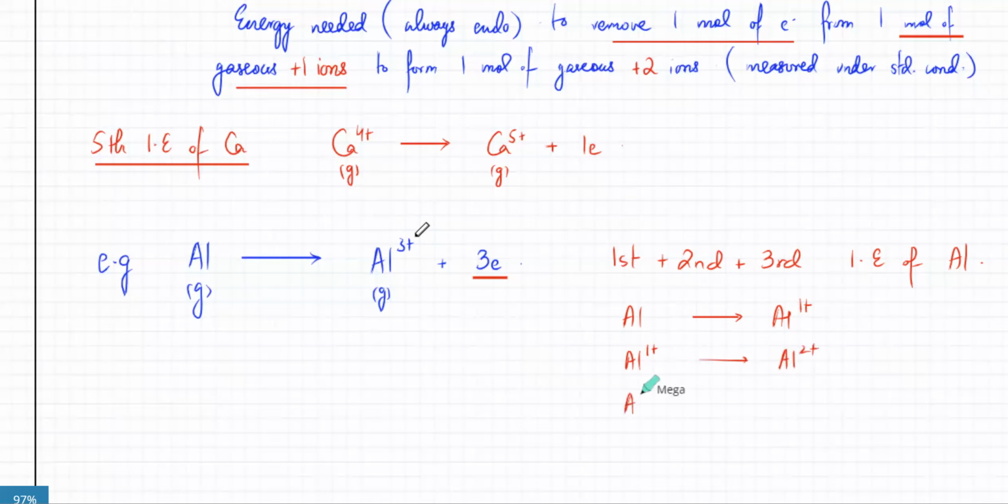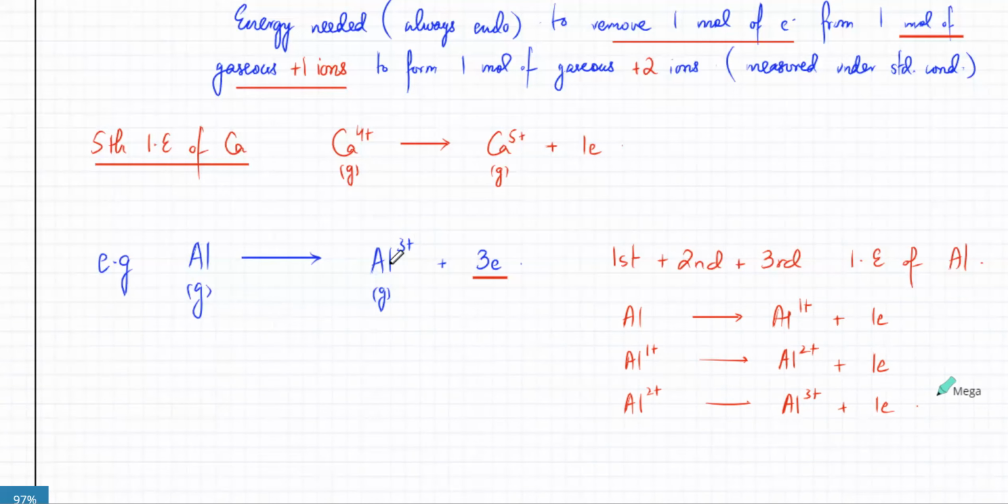Then you start at aluminium 2+ and remove the third electron, so you end up with aluminium 3+. Every time you're removing 1 mole of electrons. So if you start at aluminium and end up at aluminium 3+, you're basically doing 3 ionization energies: the first plus the second plus the third one.